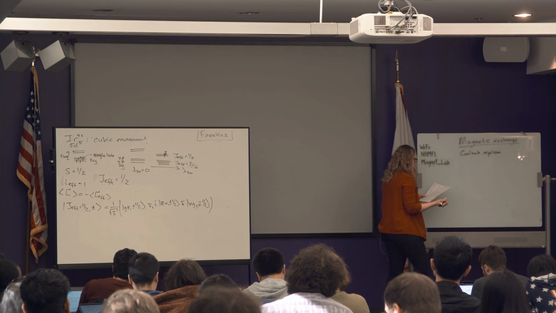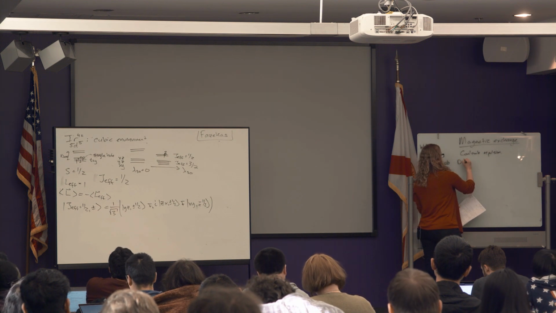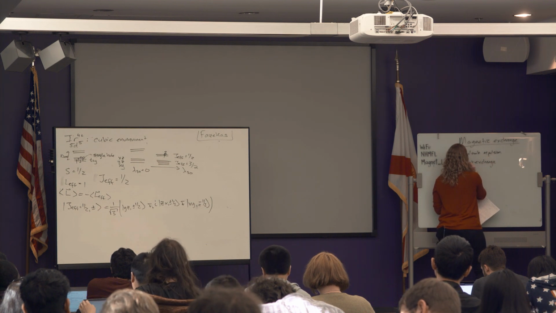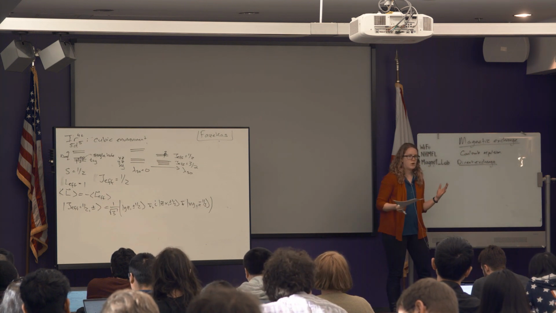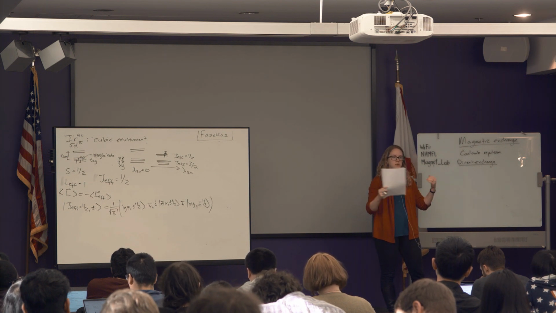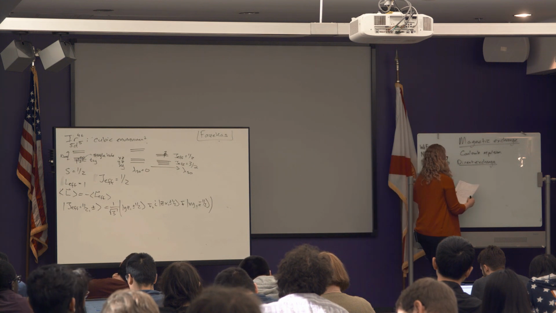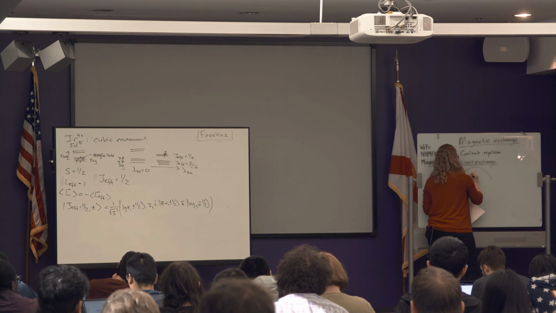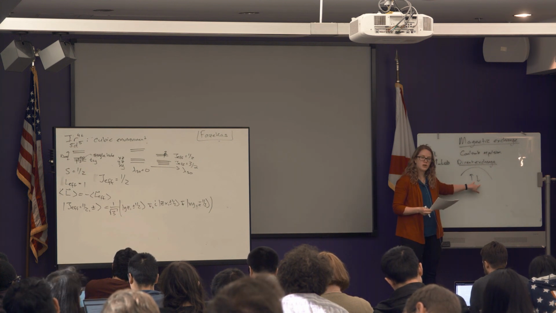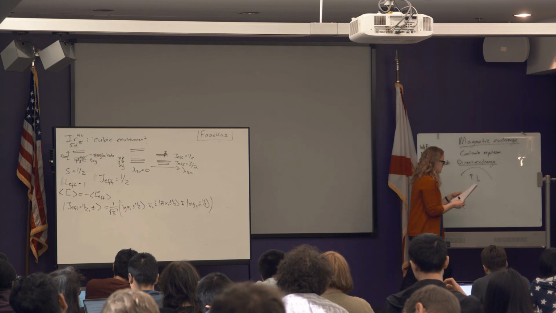So the simplest thing you can get is direct exchange. When your wave functions at different sites overlap, then you want to look at the actual total wave function of your two electrons on these two different sites. If my electrons are in a spin antisymmetric combination, then I'm going to have a spatial wave function that has no node in it.